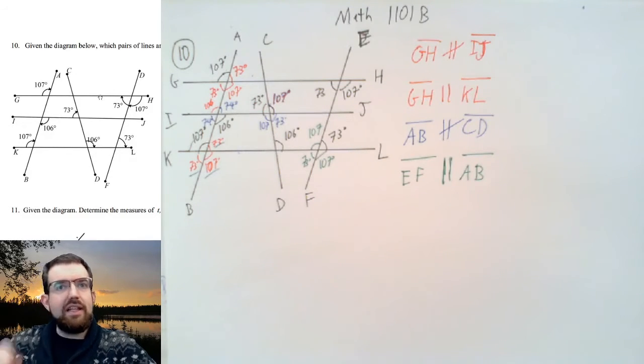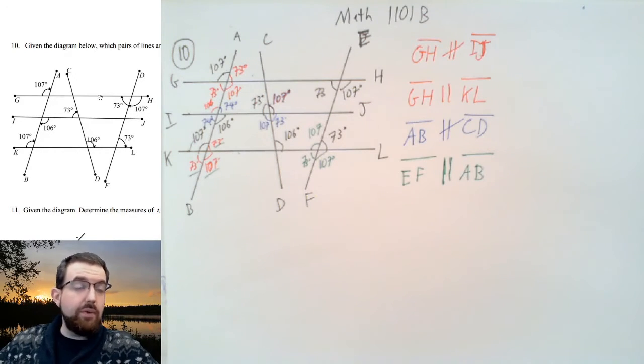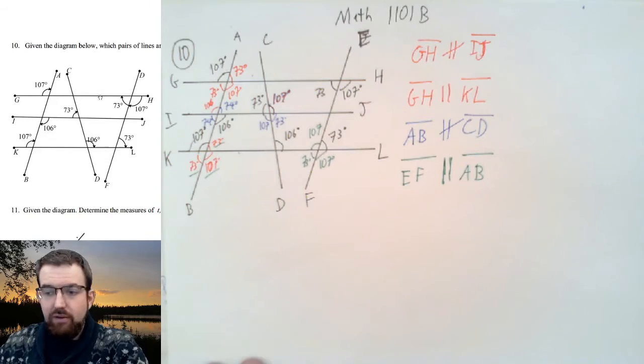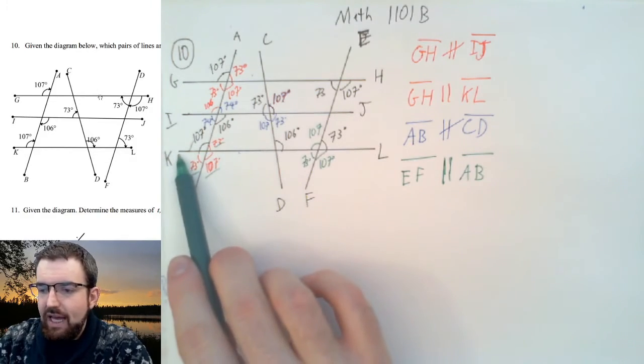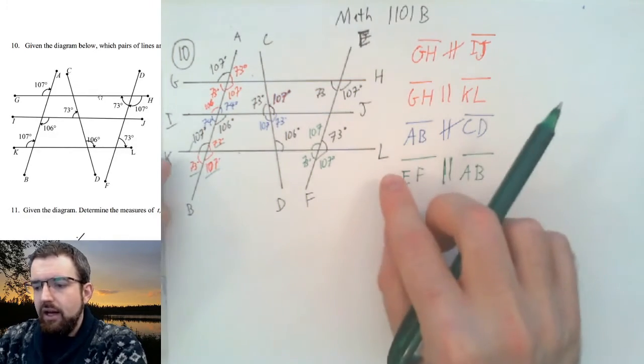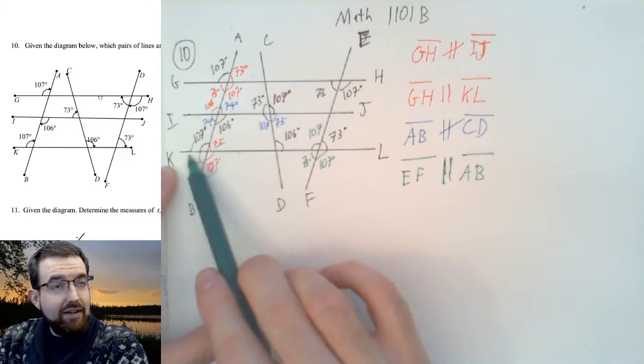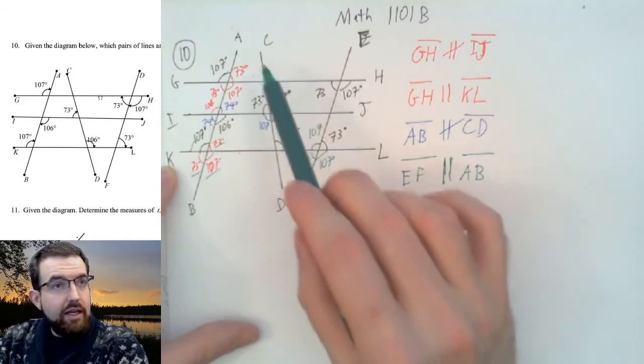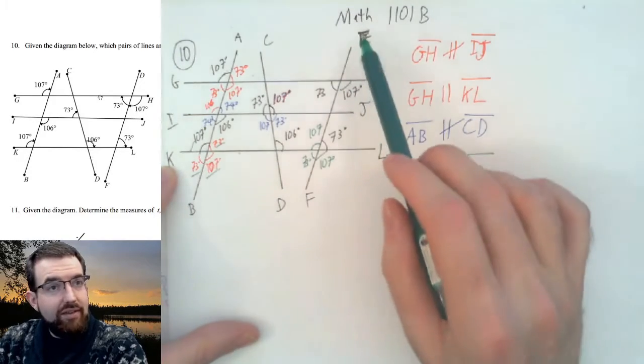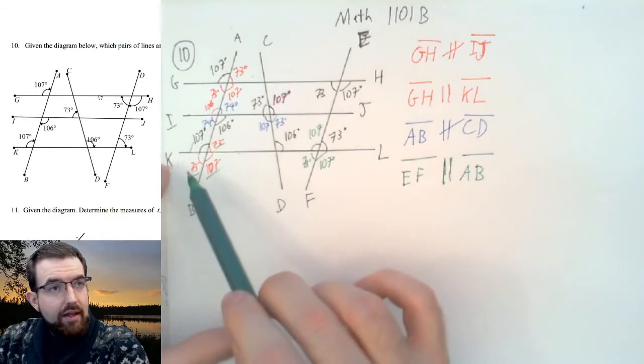Do all the bisecting angles on the lines have to be equal? Well, what has to be equal is if we look at a given point, right? So basically what we have here, if we look at line KL, which is coming across here, it bisects lines AB, CD, and EF.